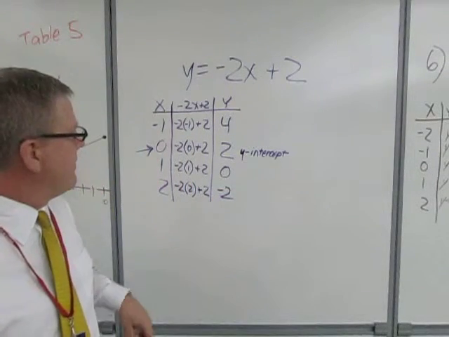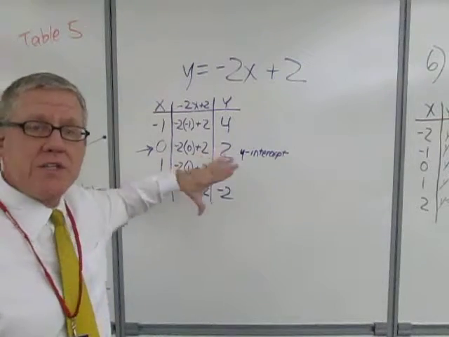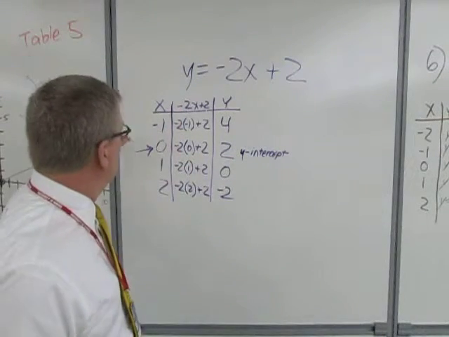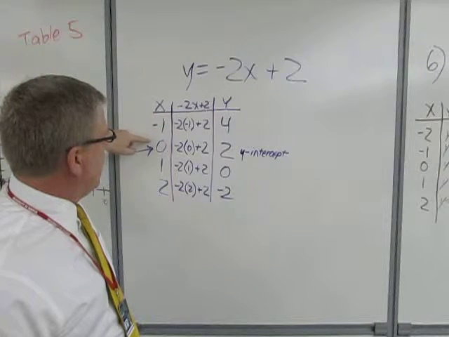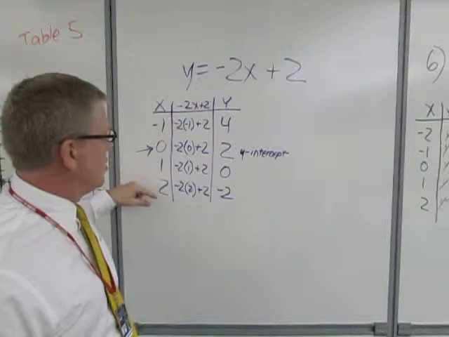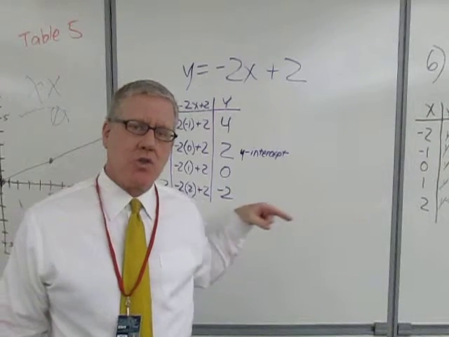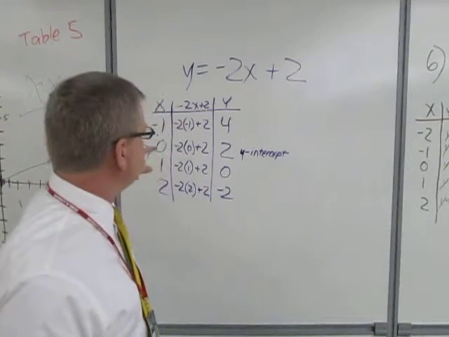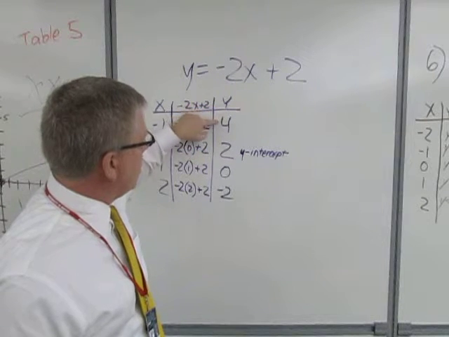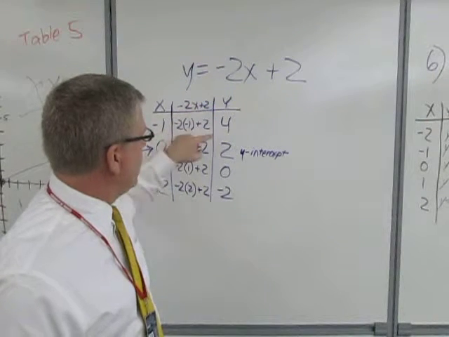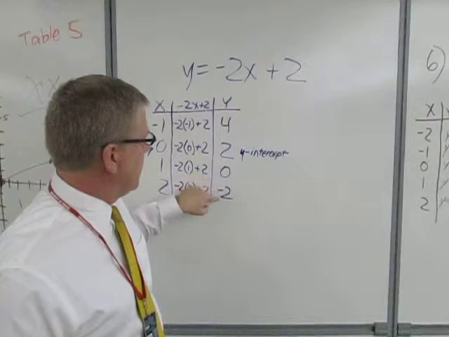Now if you notice, we have a bit of a pattern here. It's a linear equation, so there are going to be a lot of patterns. Every time x goes up by 1, we start at negative 1, up to 0, up to 1, up to 2. Every time x goes to the right on the horizontal axis, y goes down. See? Y started at 4 when x was negative 1, then it's 2, then it's 0, then it's negative 2.